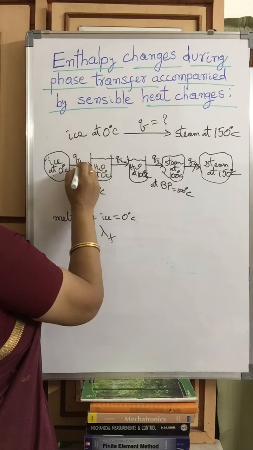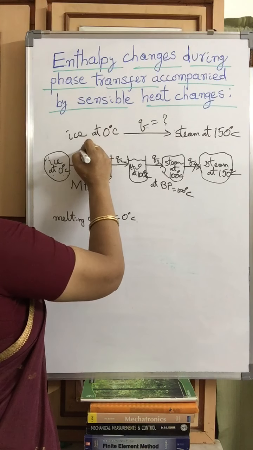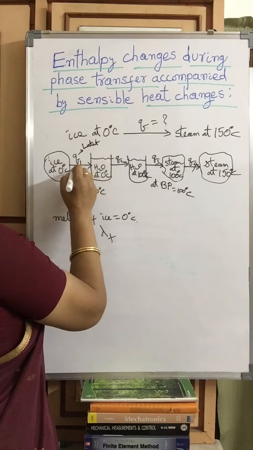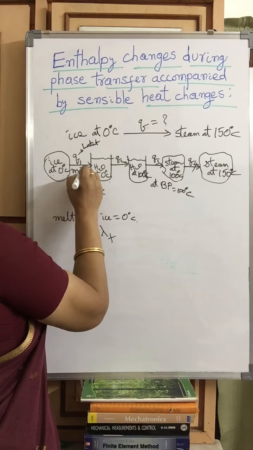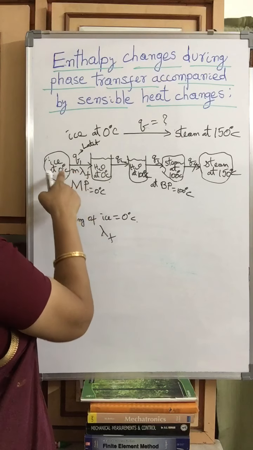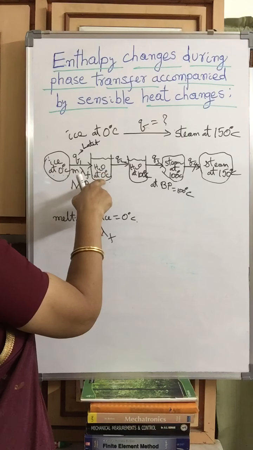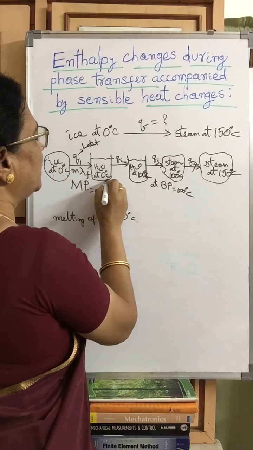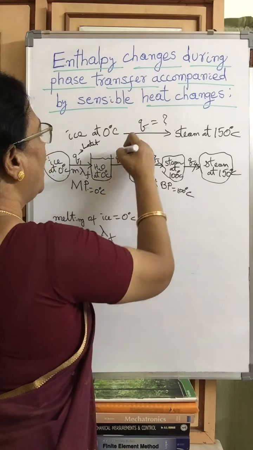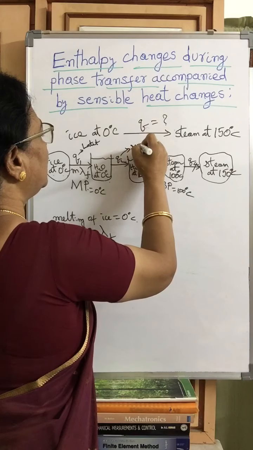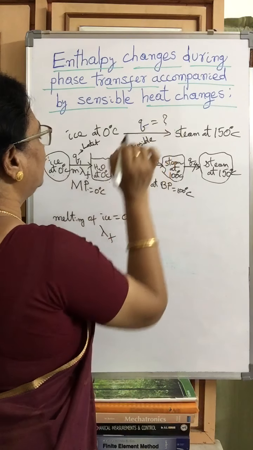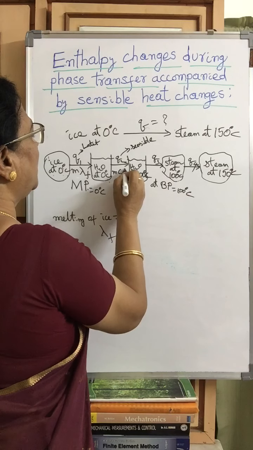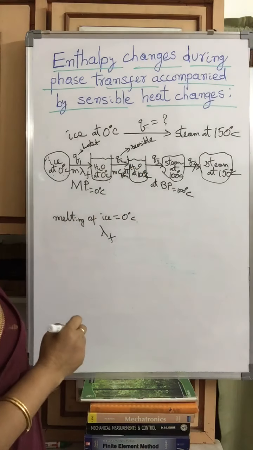This is a latent heat calculation, so Q1 is M lambda F, latent heat of fusion, because solid to liquid. And then liquid at 0 needs to be heated to 100. This is sensible, so Q2 is M CPM dT.